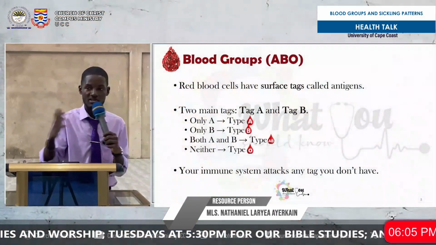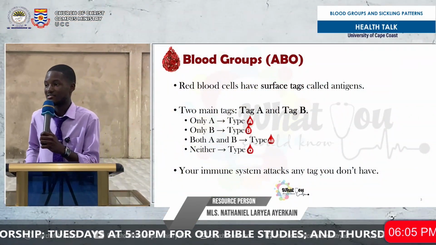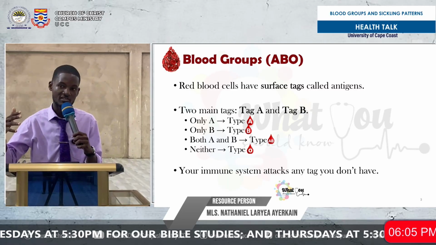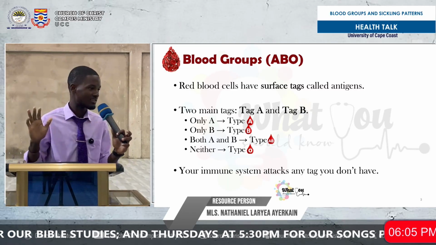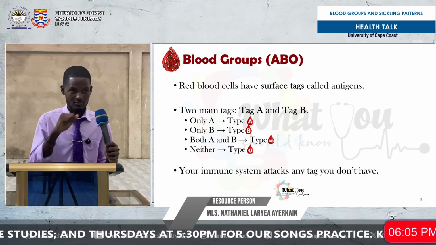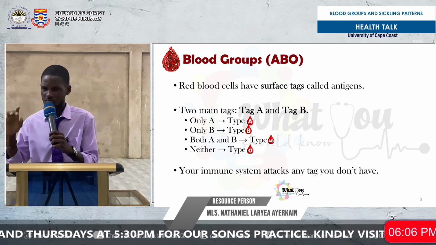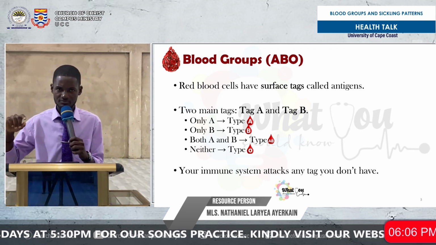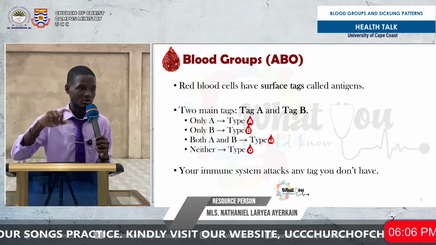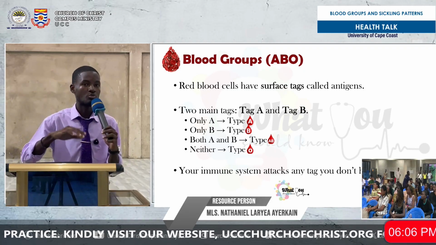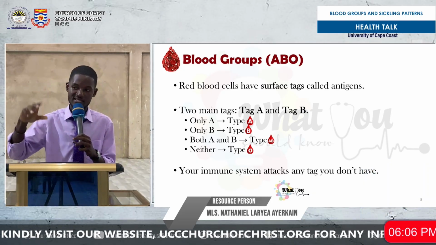So when God created human beings, He gave us a special war response system called the immune system, right? The entire system is responsible for fighting infections. However, it also basically responds to anything foreign that comes into your body. So for a person who is blood group A, because of that A tag on your red blood cell, your immune system is forced to produce certain soldiers against those tags.